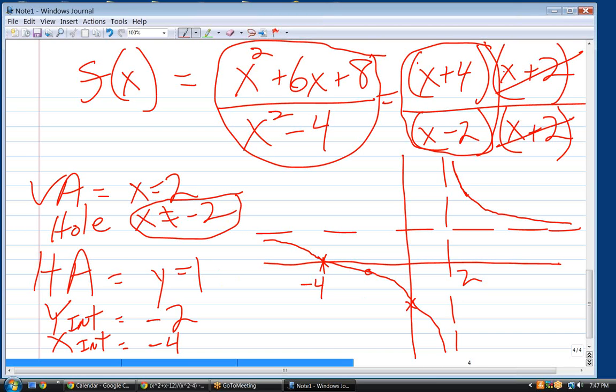But it's definitely there. In other words, just because I factored out x plus 2 from the numerator and the denominator does not take away my domain restriction, because this is the original function. And for sure, x cannot be minus 2, otherwise I'm dividing by 0. And that is certainly something you cannot do in math, is divide by 0 ever.